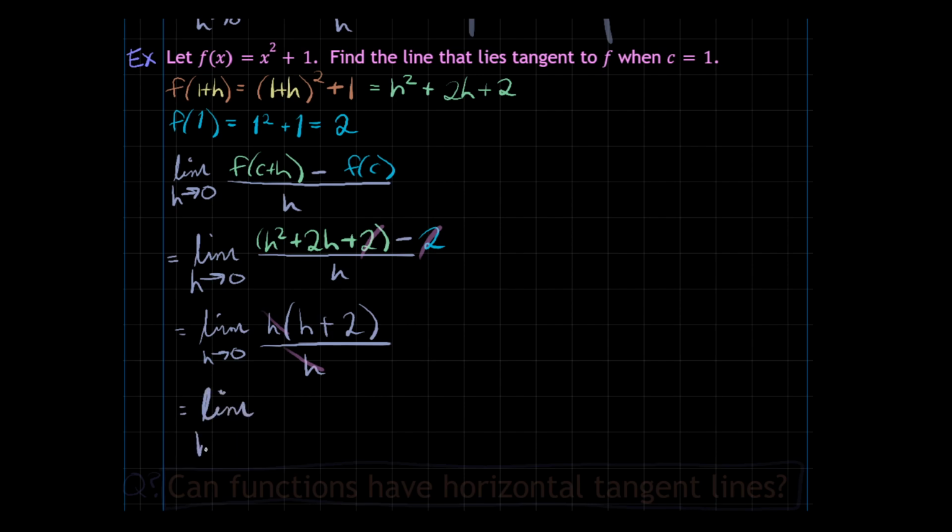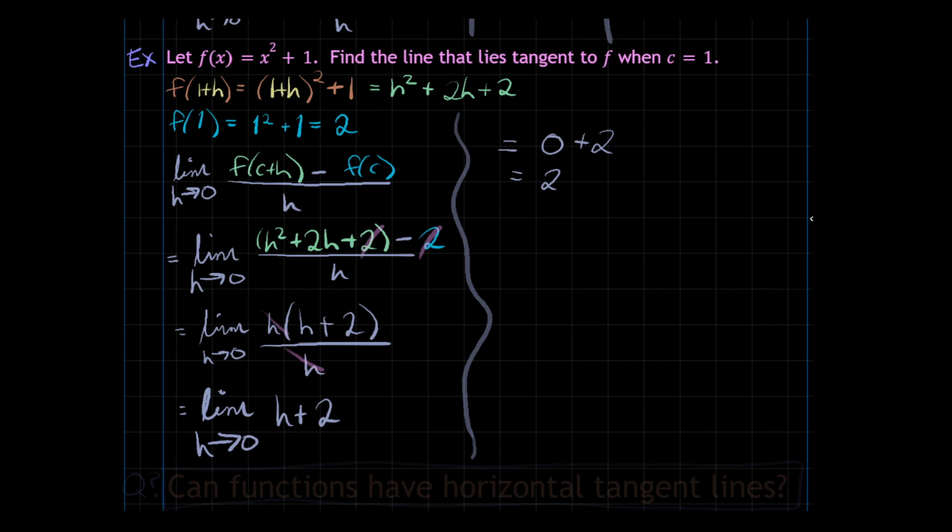So we've got limit as h goes to 0 of h plus 2. Now, there's no more funny business. H is allowed to be 0 because h plus 2 doesn't have any funny business. So I'll go ahead and let h be 0. And we get 2.